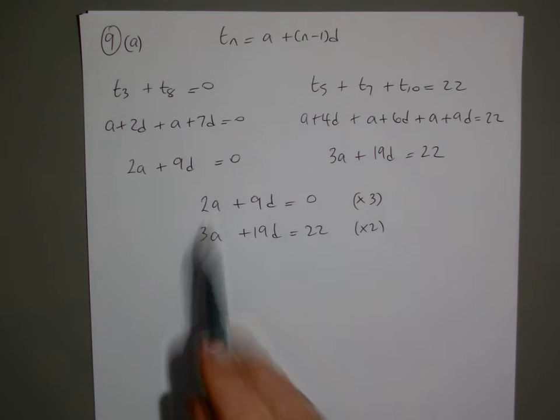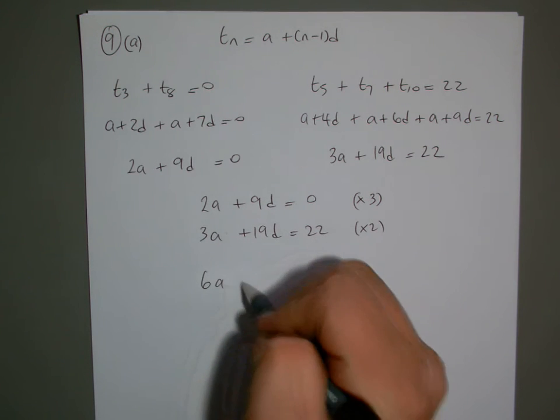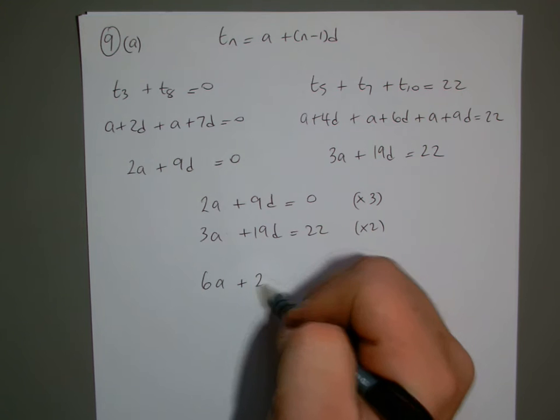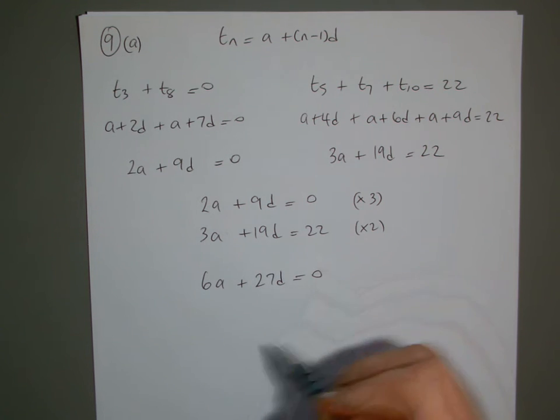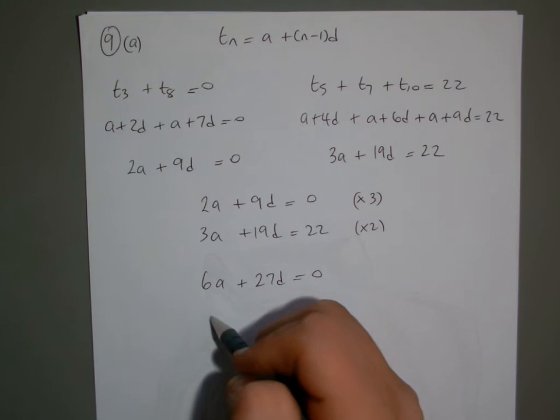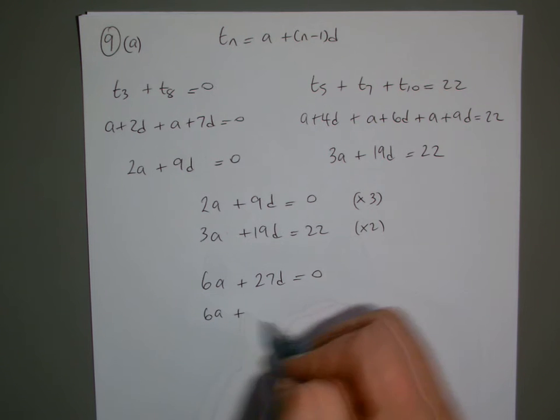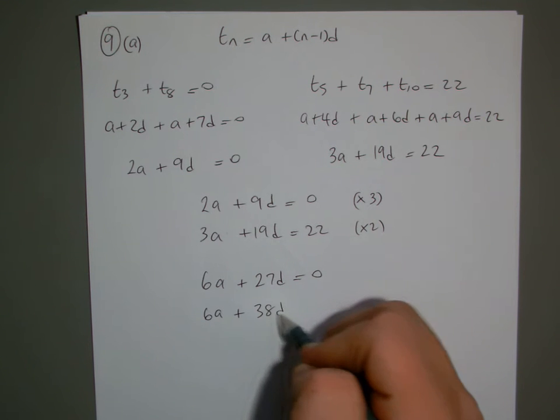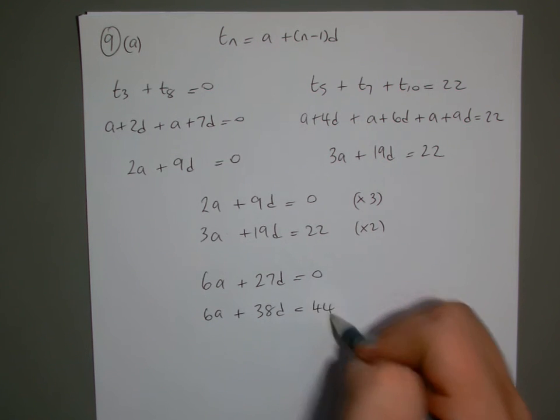So times the first equation by 3, you get 6a plus 27d is 0, times 3 is 0. Times this by 2, you get 6a plus 38d, and times that by 2, you get 44.